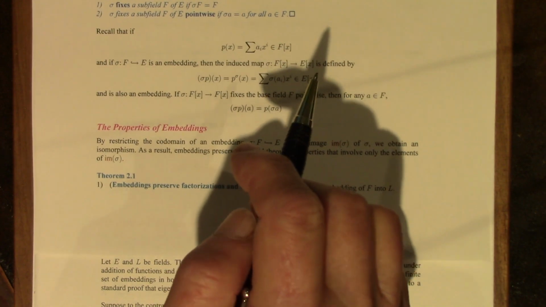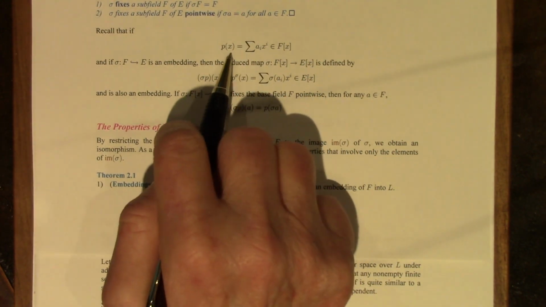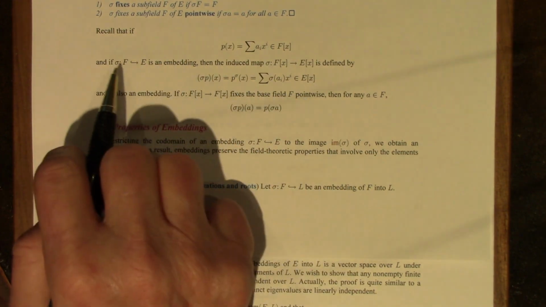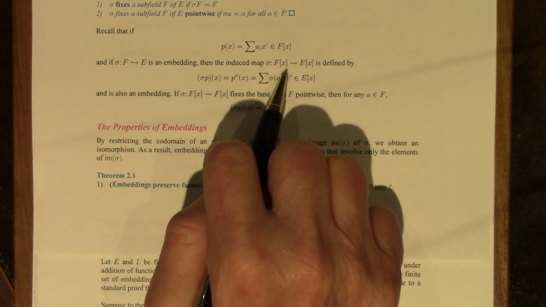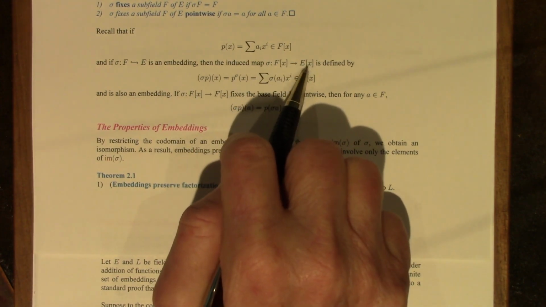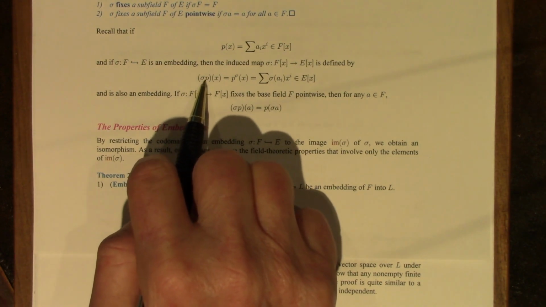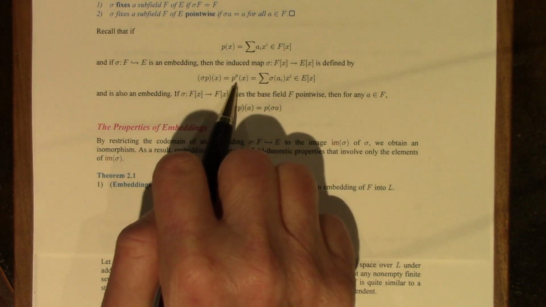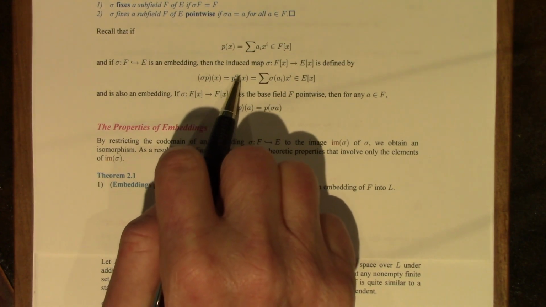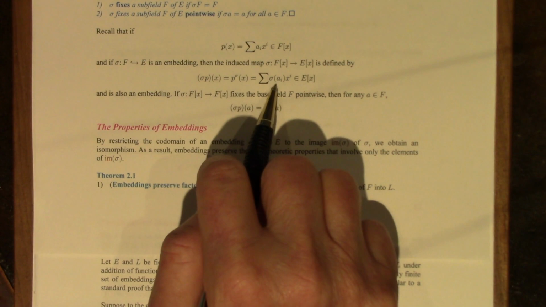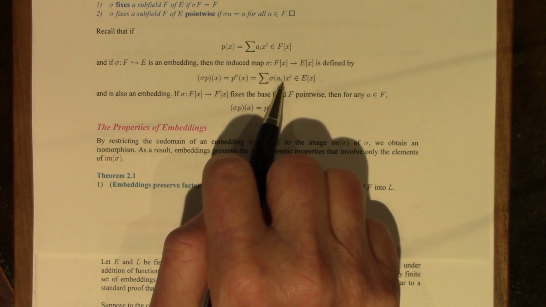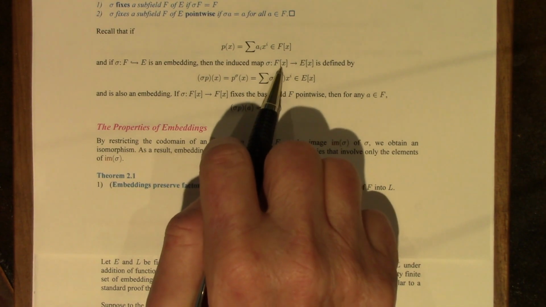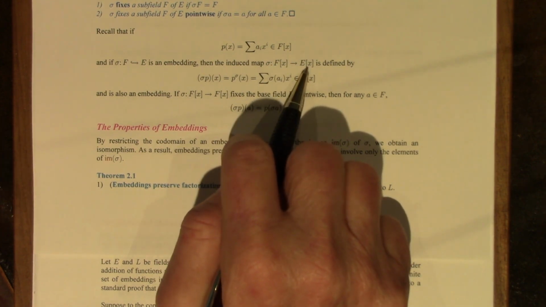Let's also recall from the ring theory course that if we have a polynomial, and if sigma is an embedding, then the induced map, sigma, on the polynomial rings is defined by sigma p of x. This is another notation. P superscript sigma of x is what you get by applying sigma to the coefficients of the polynomial. This is also an embedding, but now these are rings rather than fields.